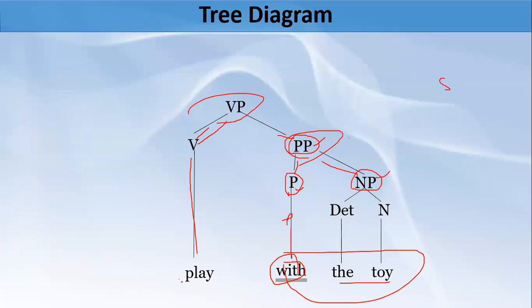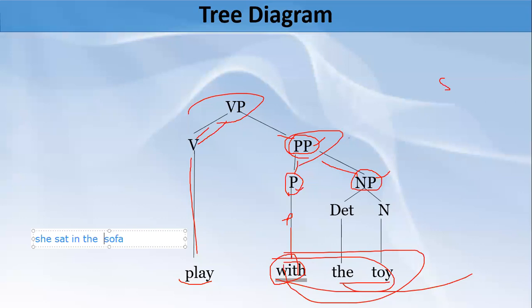For example, she sat in the sofa. Now if you look at this simple sentence, let's make an attempt to draw the tree diagram for it.